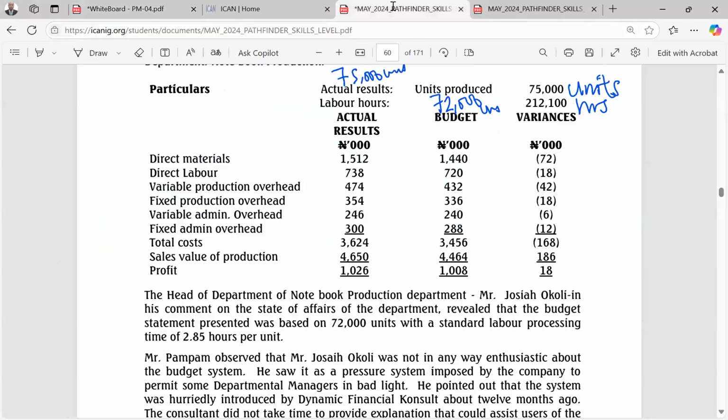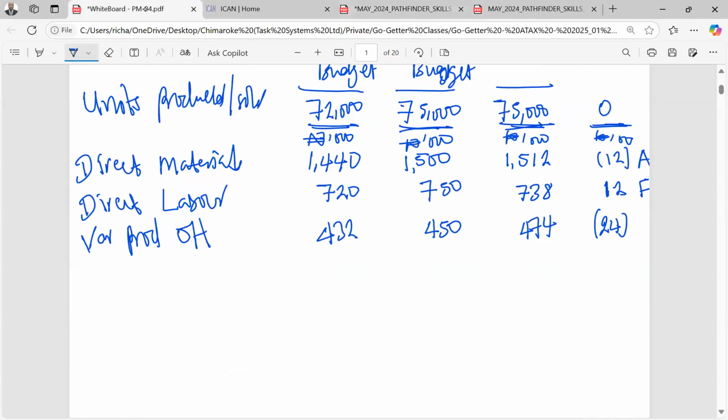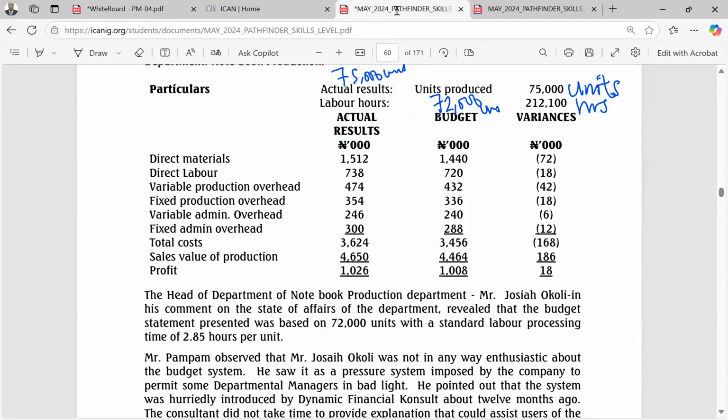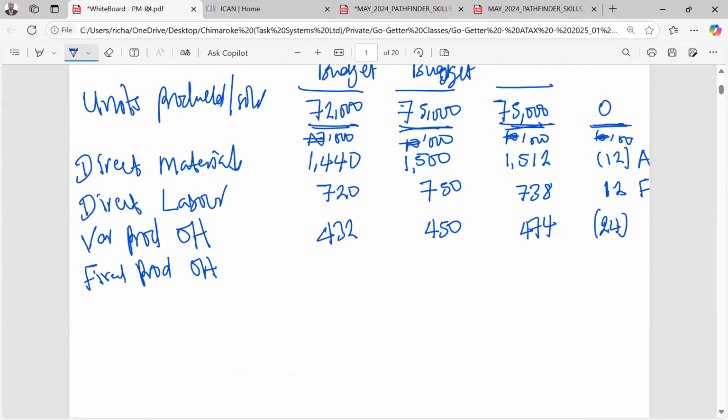The next one is fixed production overhead. Now, what were we given? We were given 354 as actual.